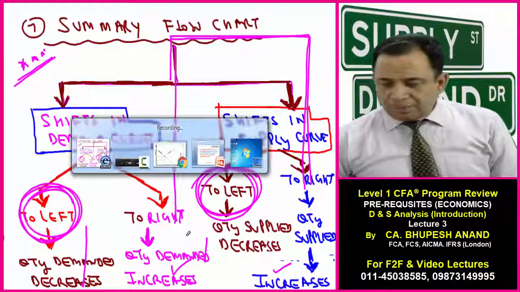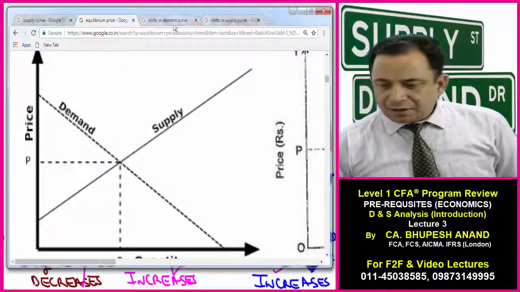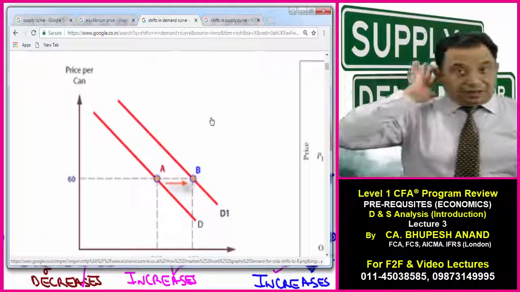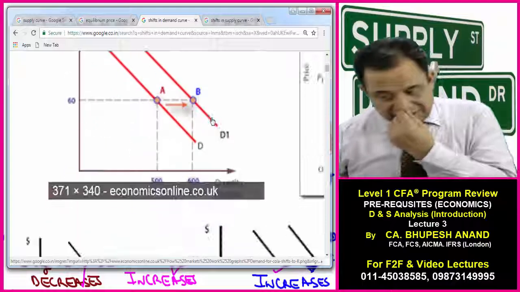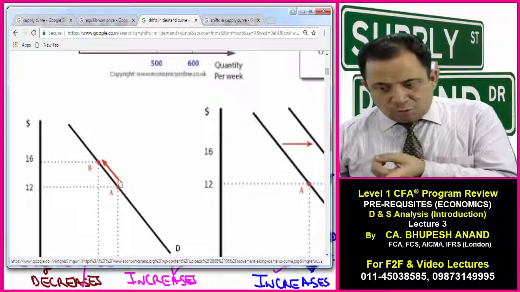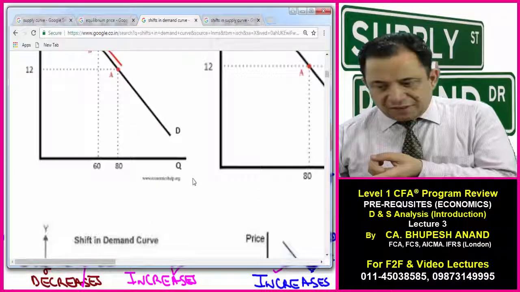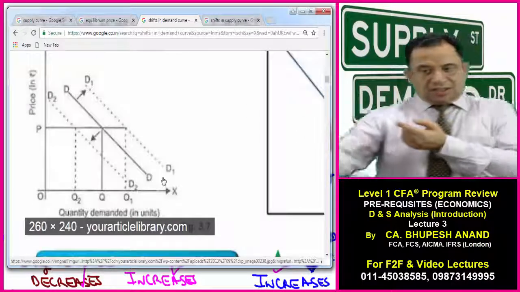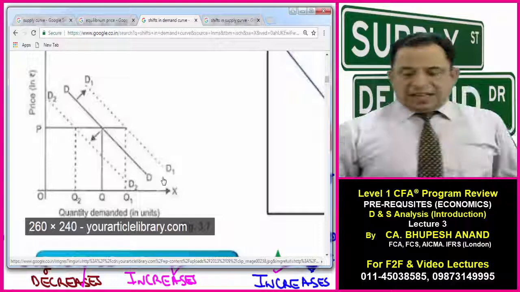So just see, I have taken some help from Google. This is a shift, this is a right shift, this is movement, this is a right shift. We should know the meaning of right shift and left shift. Just see, this is a right shift, this is a left shift.